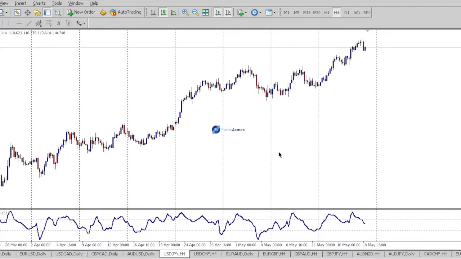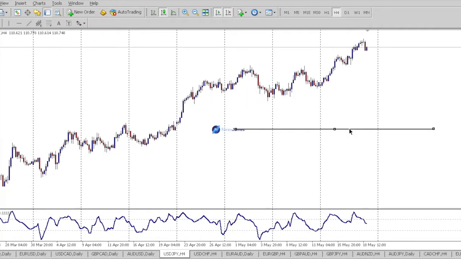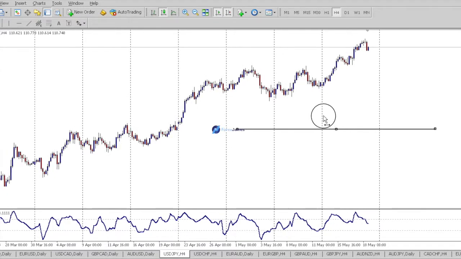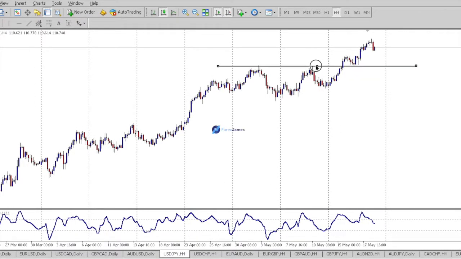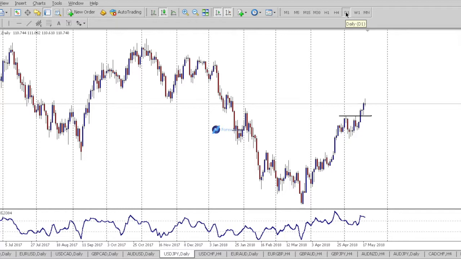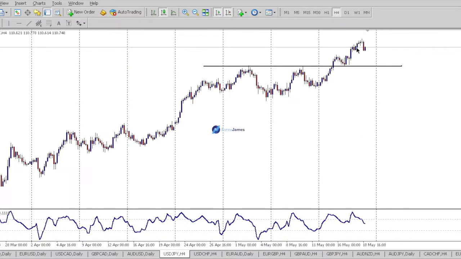Let's move on to the dollar yen. Made some correction here. Price has been rallying pretty hard. There you go, this is a nice line where price may retest to. But overall, buyers to the upside.